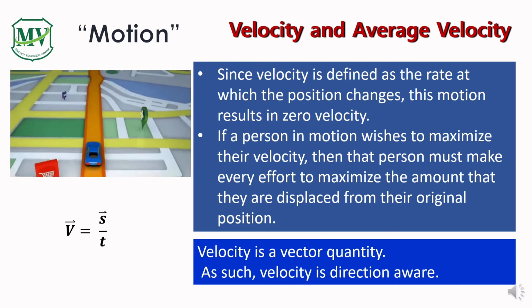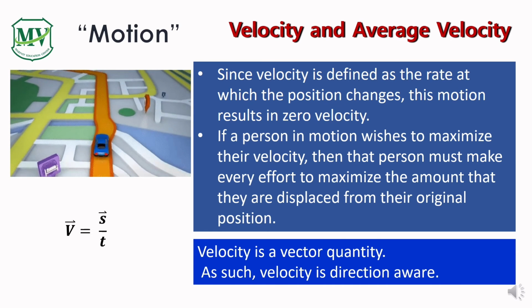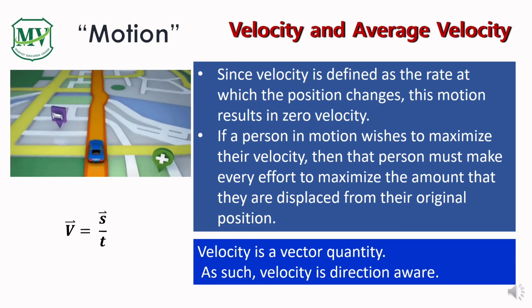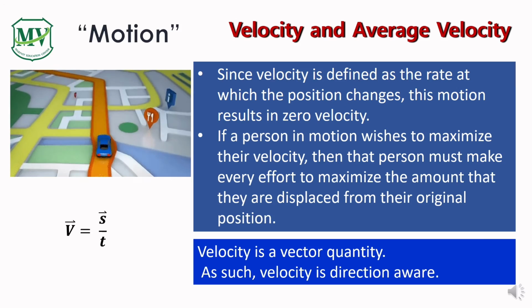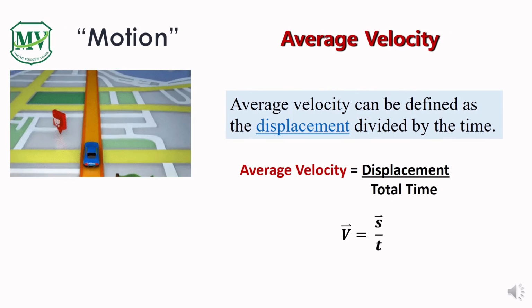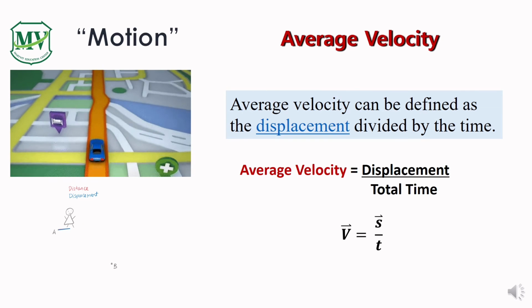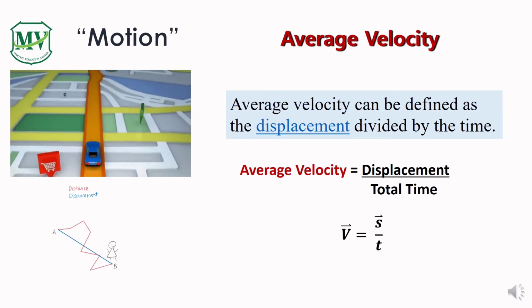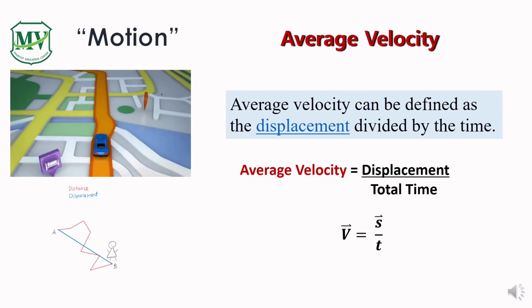Velocity, after all, is a vector quantity. As such, velocity is direction aware. Average velocity can be defined as the displacement divided by the time, where v is equal to s over t.